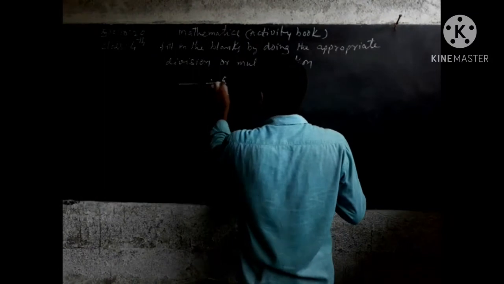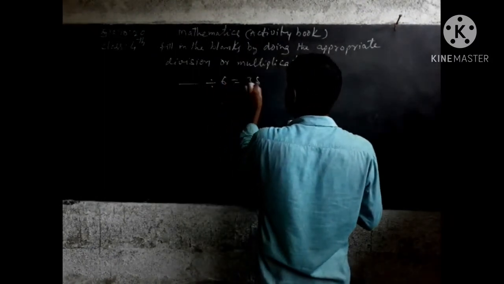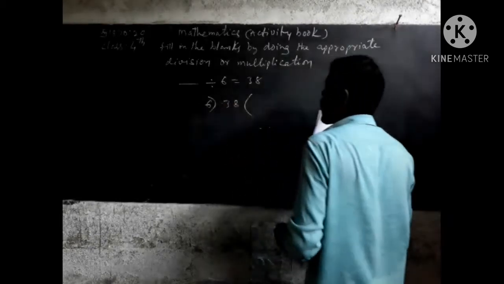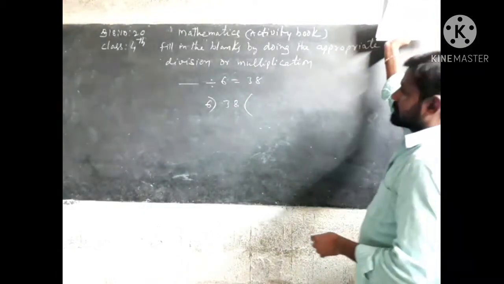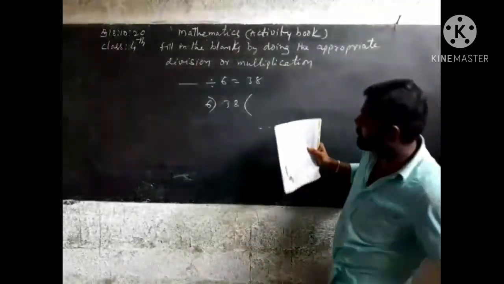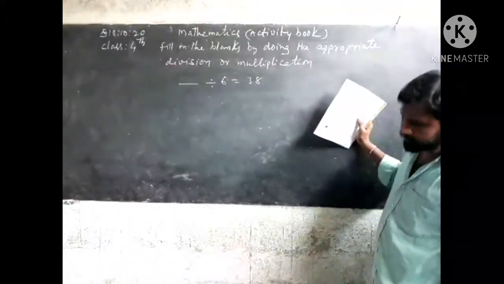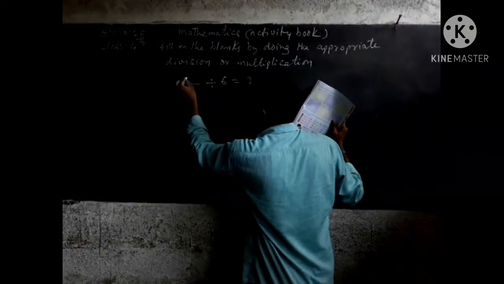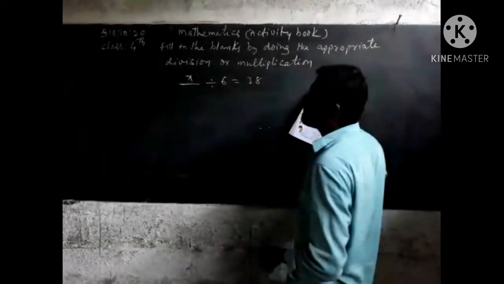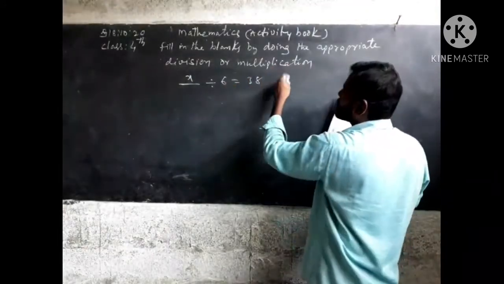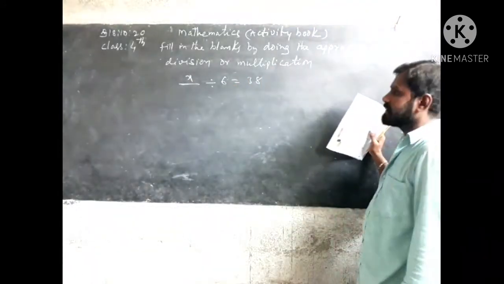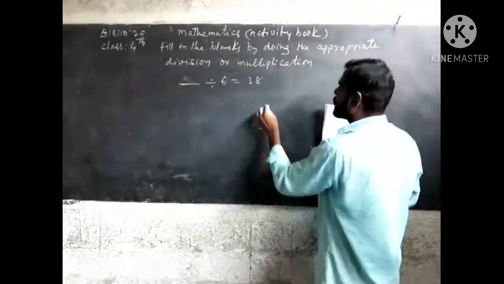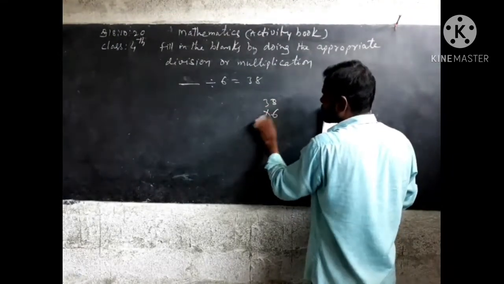dash divided by 6 is equal to 38. Again divided, 6 is taken as divisor. See, this is not the correct way, I think. So I can say the value of the empty box is x. So you can find the x value. So divide goes to this side. Here you have to take a multiplication, 38 into 6.